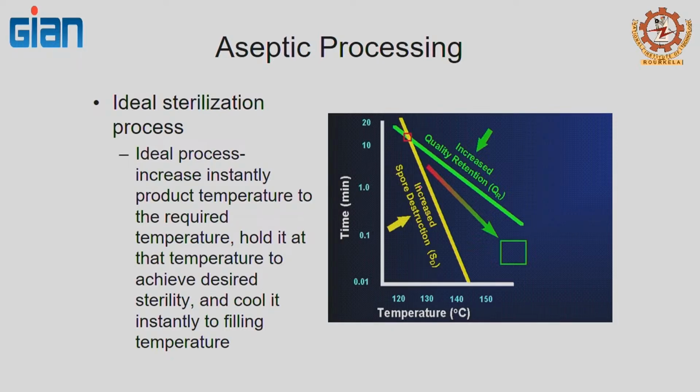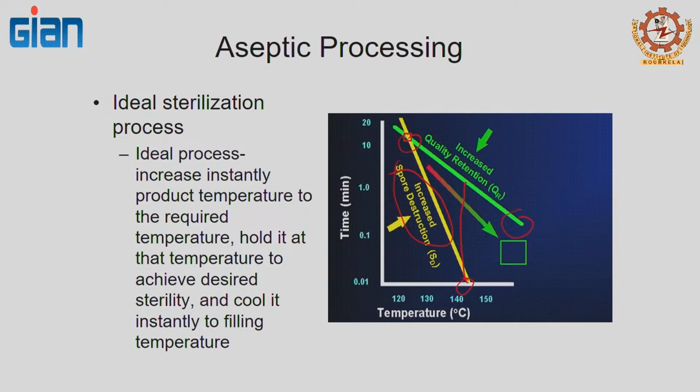So, if you look at here, this is the spore destruction. This happens at 140, in a much shorter time, whereas this is the quality kinetics, where you are able to retain the product quality. If you look at here, much more of the quality is retained, whereas at 121 Celsius, which is the traditional canning temperature, you are going to have almost a similar destruction of both nutrients and the spore forming bacteria.